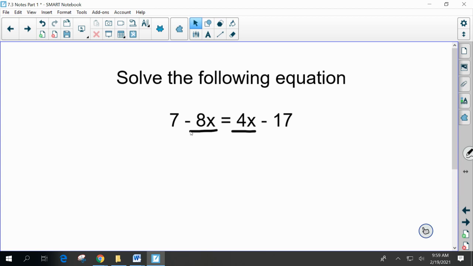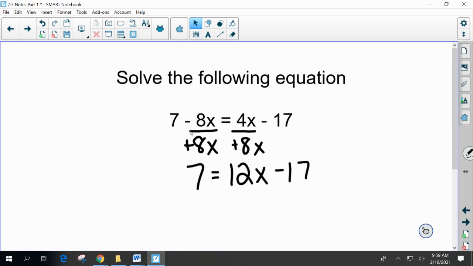I have negative 8x, so I'm going to do the inverse operation to get it over to the 4x. I'm going to add 8x to both sides. On the left, all I'm left with is 7. And on the right, I have 4x plus 8x, so that's 12x, and then I need to carry down this minus 17.